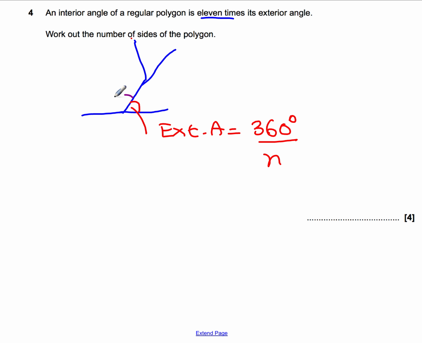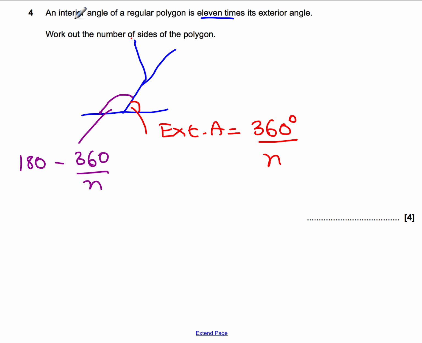Now the angle on the inside, if you know the exterior angle, as they both rest on a line, they both add up to 180. So the formula for this must be 180 take away 360 over n. Okay, now let's interpret the question.